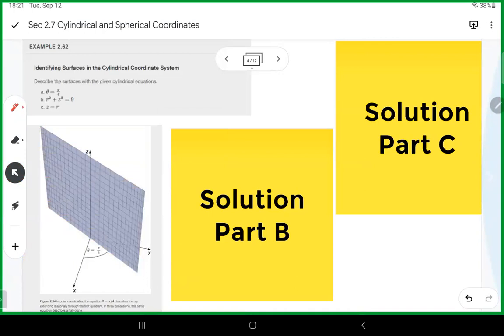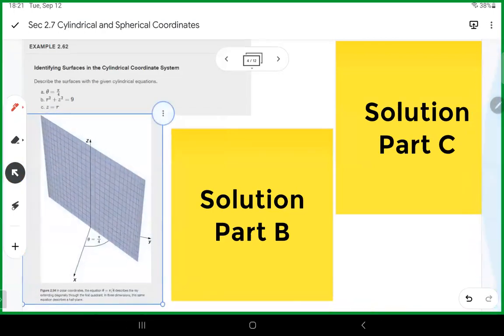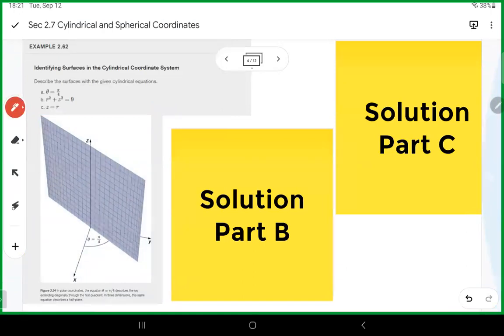So that's your half plane there. Theta equal to pi/4. As long as theta is equal to pi/4, r and z could be anything. So it's going to be that parallel plane having that orientation there.